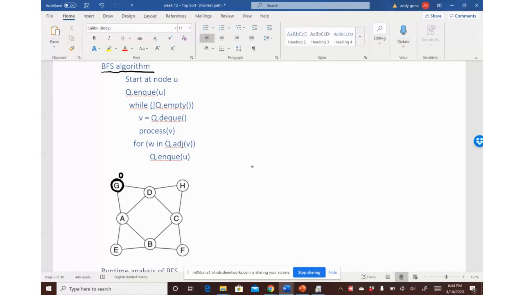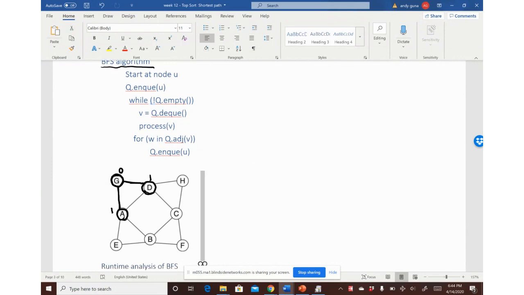But then if I take the adjacent ones to that, which I can find by using the adjacency list, I can write 1 for their distance. And then if I take a node with distance 1, and take the adjacent nodes from there, I can write 2, because that would be the distance from the original node. So essentially, I'm trying to find the distance from the original node.